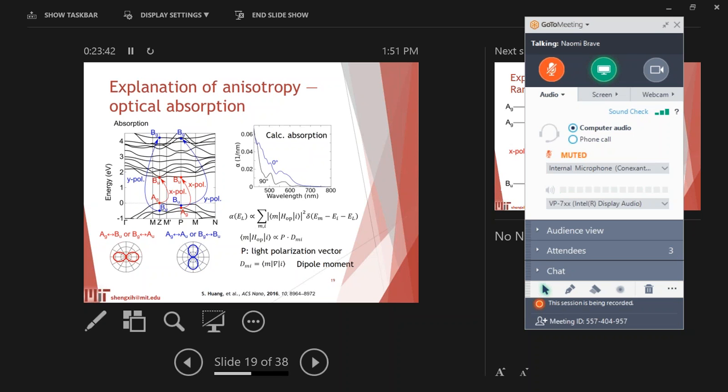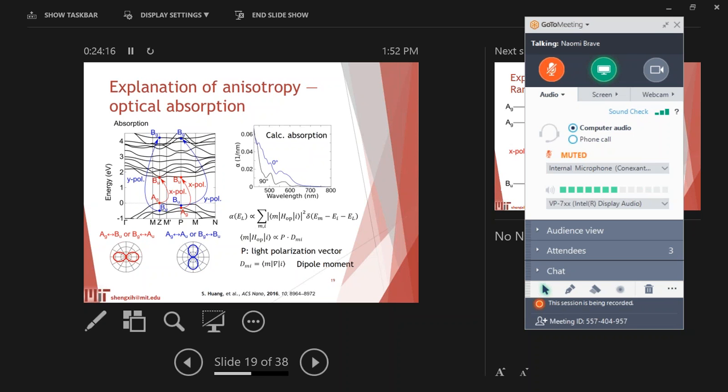We also need to obey the symmetry conservation rule, which is the second conservation rule, and which means, for example, if the electron from this Ag state wants to absorb a photon and be excited to this Bu state, the symmetry of this photon has to be Bu state, which means the polarization of the incident photon has to be along X, has to be X polarized.